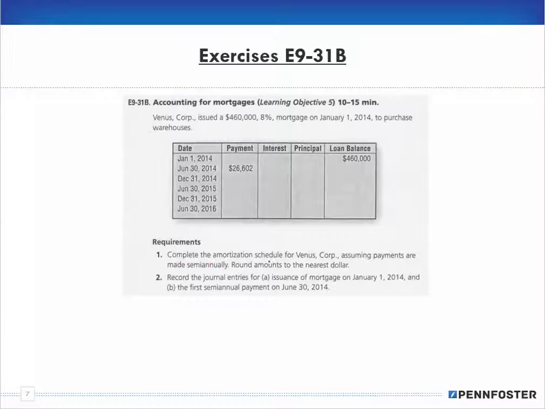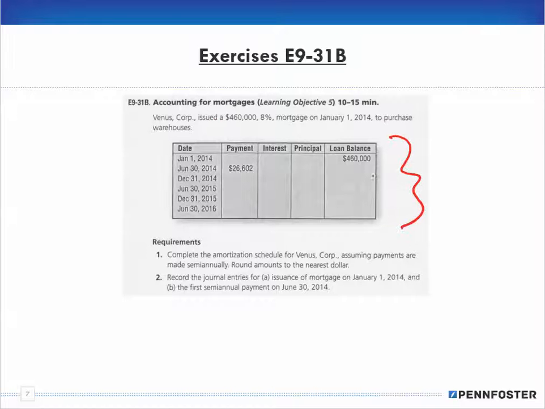Requirement: complete the amortization schedule for Venus Corp, assuming payments are made semi-annually, round amounts to the nearest dollar, and then record the entries for A, issuance of the mortgage on January 1st, and B, the first semi-annual payment on June 30th.